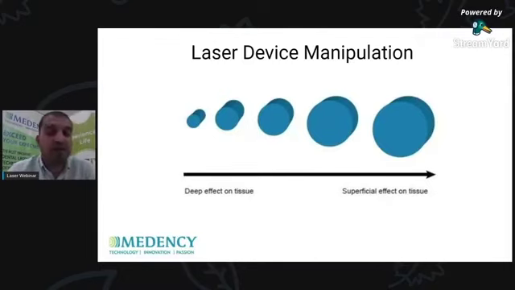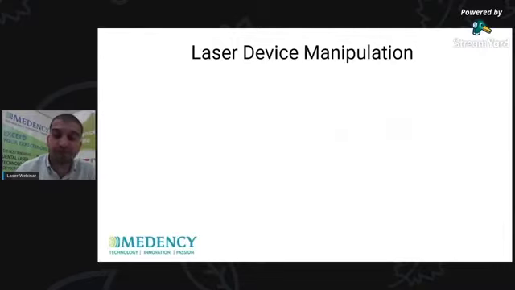But in case we use a larger tip diameter, the effect will be much more superficial. This can be very helpful in some cases, such as depigmentation. We don't want to reach very deep, and we want to treat the superficial layer. We can use the 300 micrometer or the 400 micrometer.